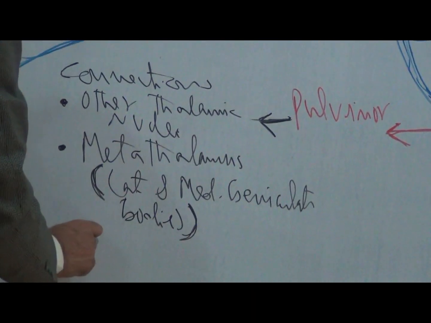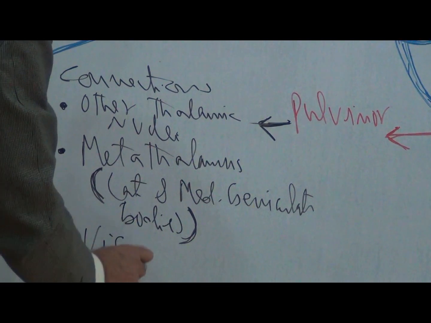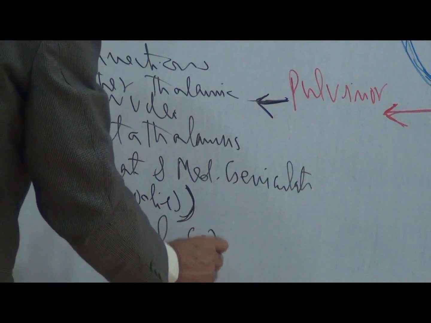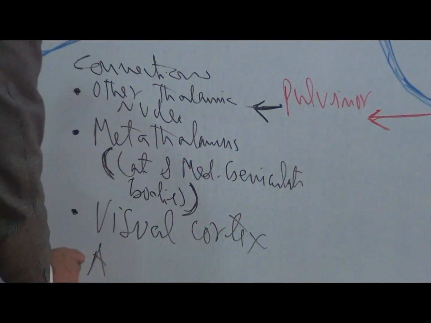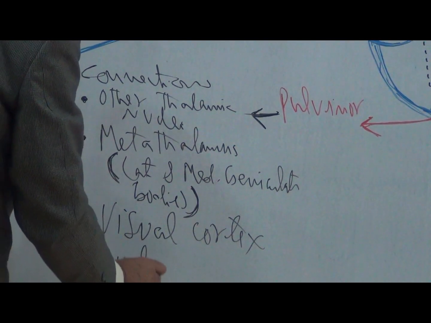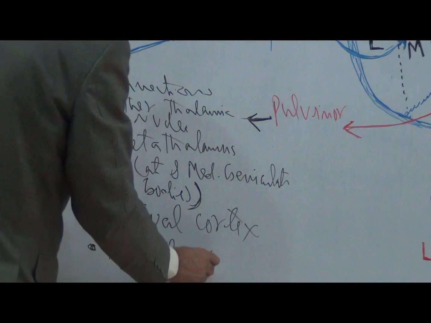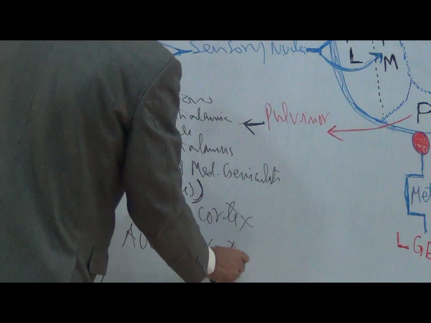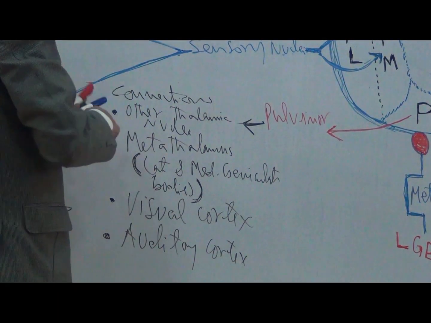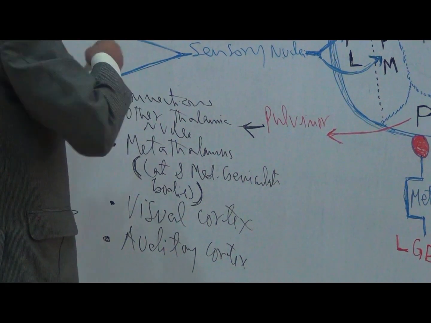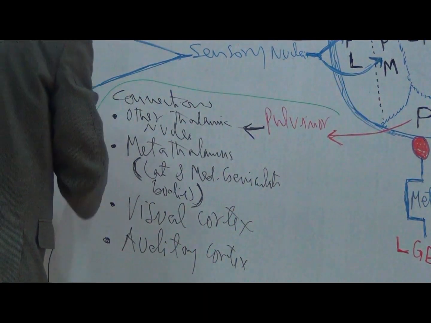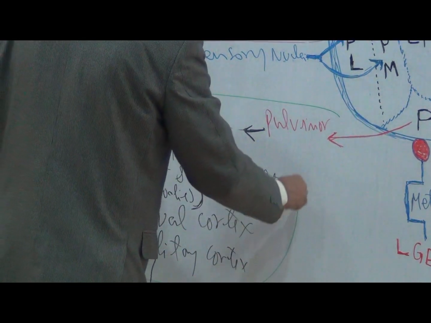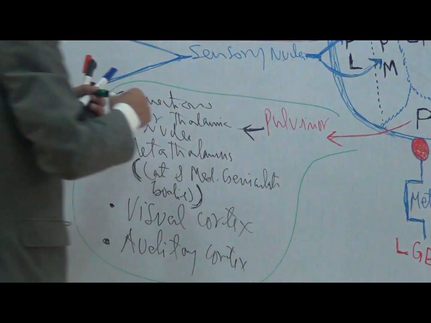Metathalamus is connected to the visual cortex and to the auditory cortex. These are the connections of the pulvinar.